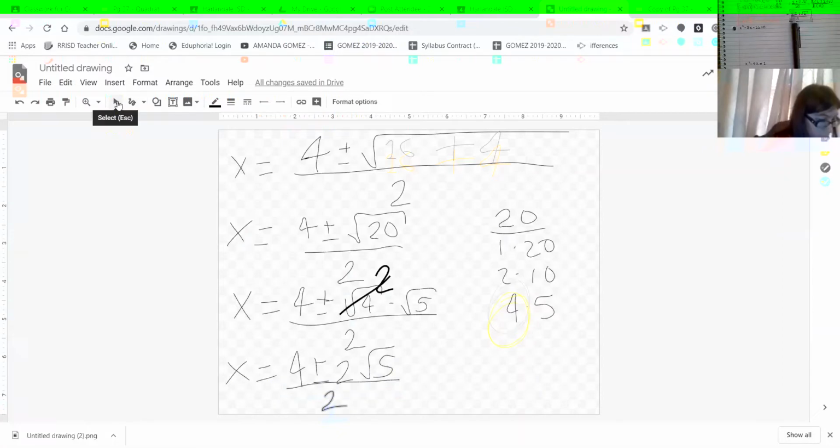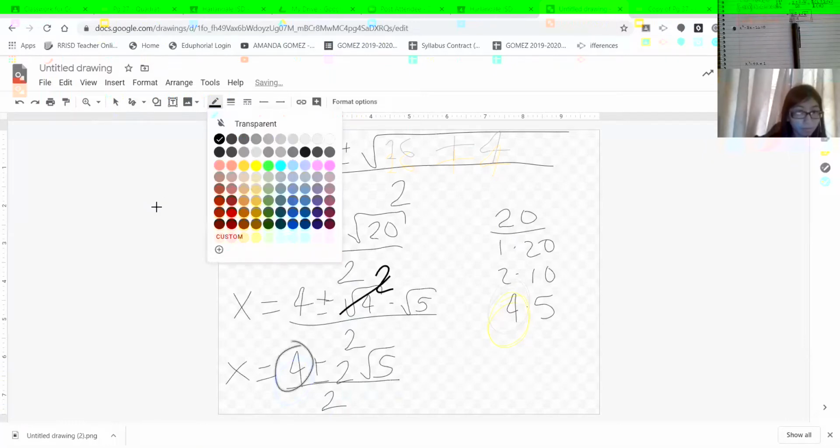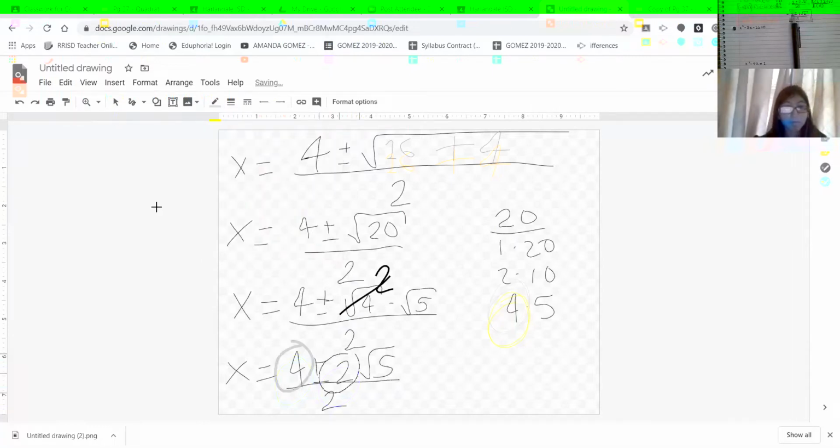So once again, I am concerned with my 4. My 2 and my 2. Do they have a GCF? Yes, of 2. So let's factor out that 2. Equals. And we're going to pull that 2 out. So 2 times what gets me 4? 2 times 2. Okay. And then plus minus.